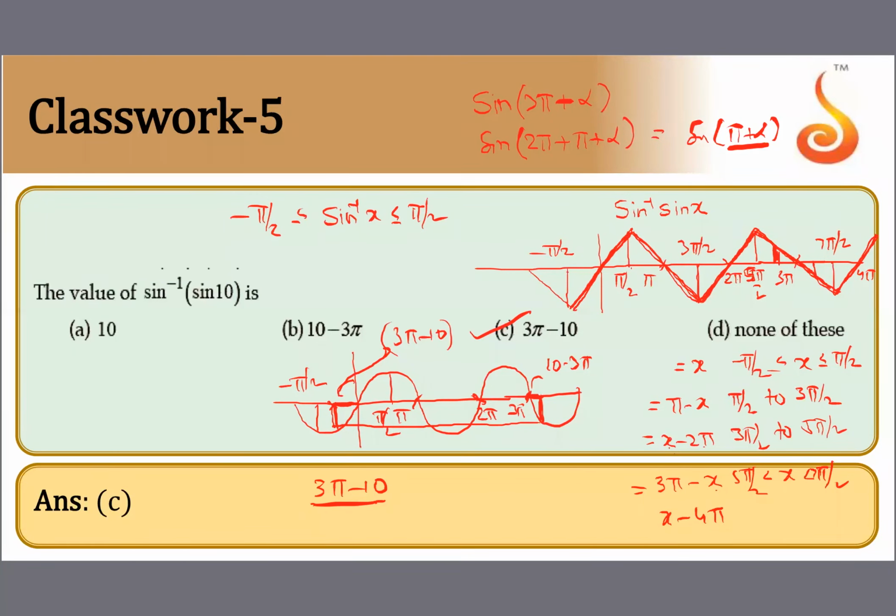Any doubt? Done? Graph, please remember. Sine inverse of sine x. Any number, nearest number, you know all 2 pi, 3 pi. Suppose you want to locate 5. Where will be 5? 5 will be just before 2 pi. 2 pi is how much? 6 point something.